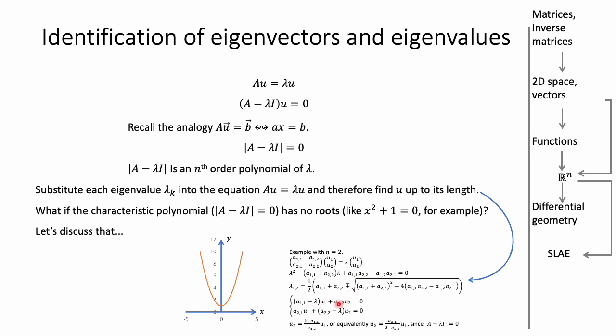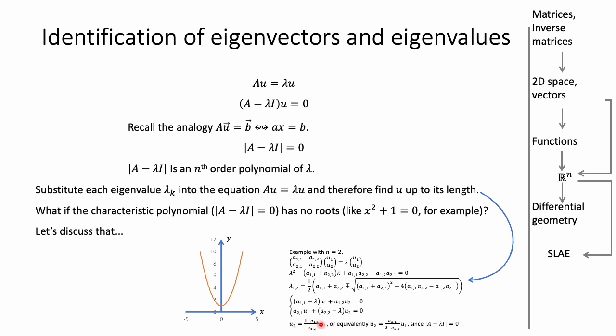And from the top equation we can extract that the second component of u is proportional to the first component of u with this factor. Or equivalently, we can extract this formula from the bottom equation. It is the same.